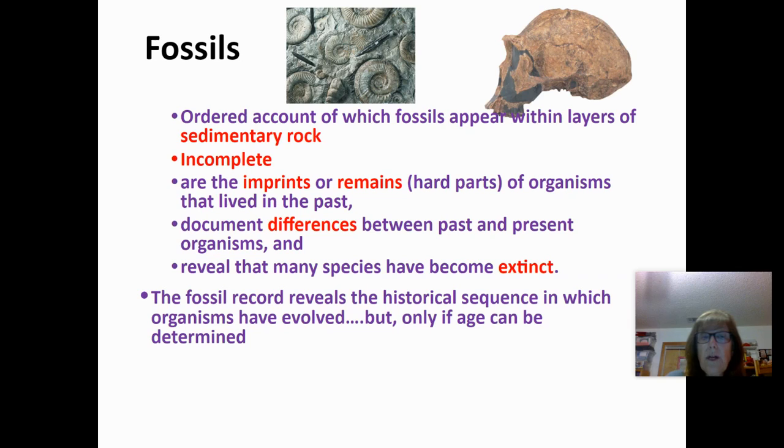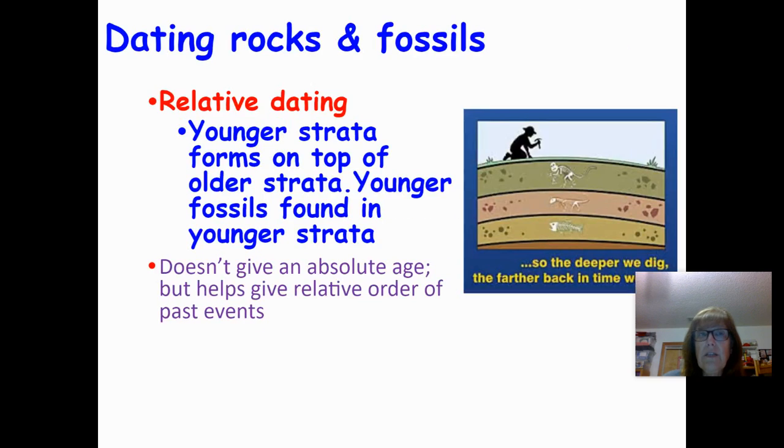And so these fossil records reveal the historical sequence in which organisms have evolved, but that's only helpful if you actually know how old they are and where they fall in evolutionary history.